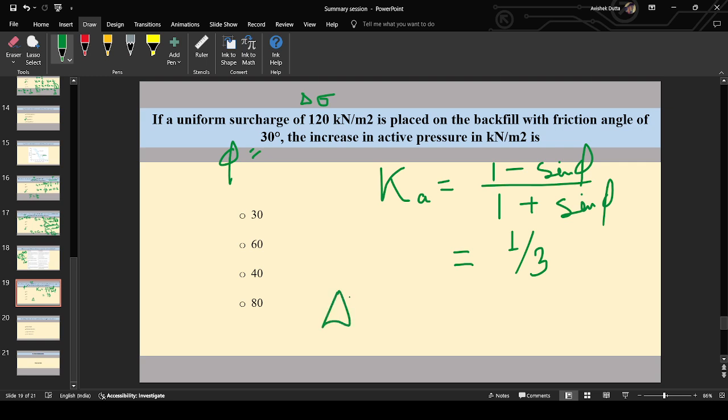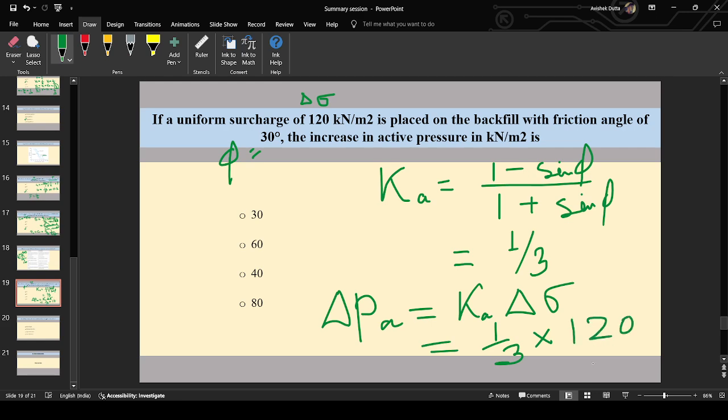We are told to find out the pressure only. So this is del Pa equals Ka into del sigma. It will be 1/3 into how much? It is 120. It will give us a value of 40.